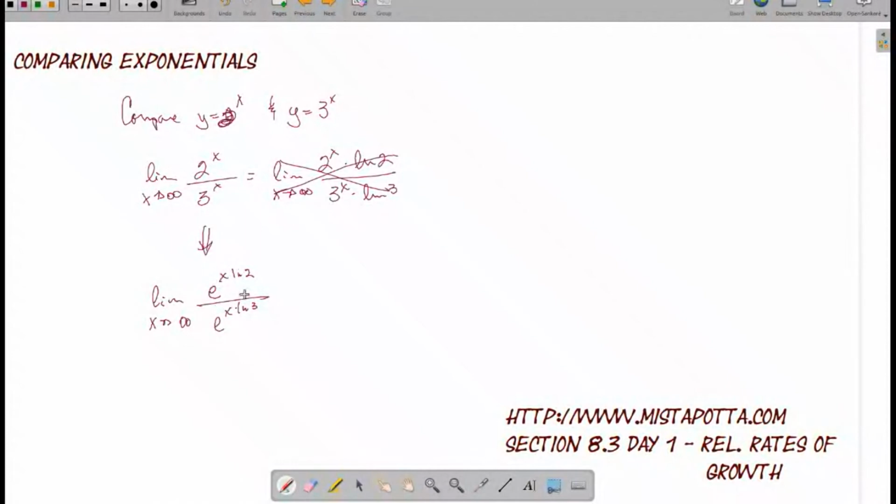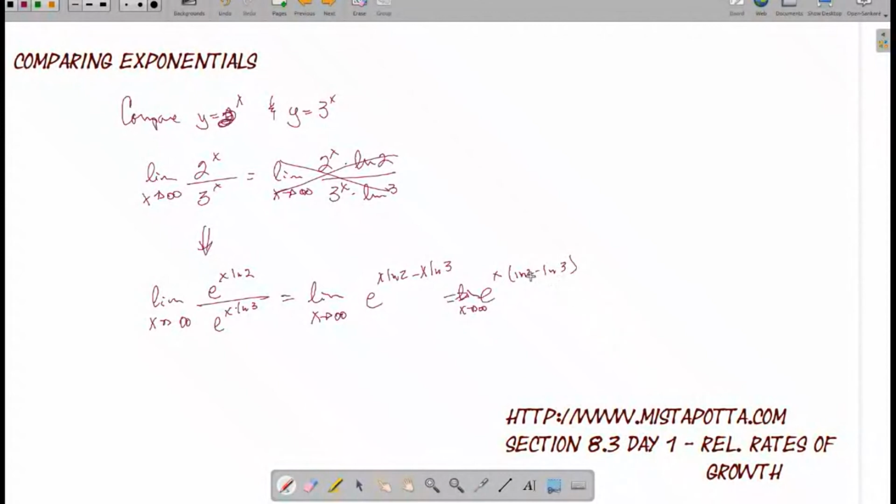And so what I've got here is two functions that have the same base and different exponents. And from what we know about properties of exponents, this should be e to the x ln2 minus x ln3, or e to the x times (ln2 minus ln3) as x increases without bound.